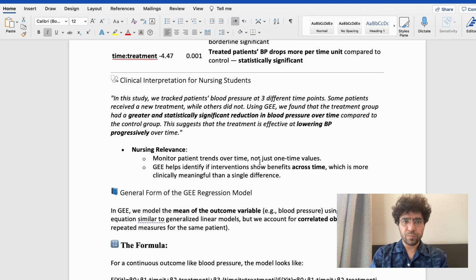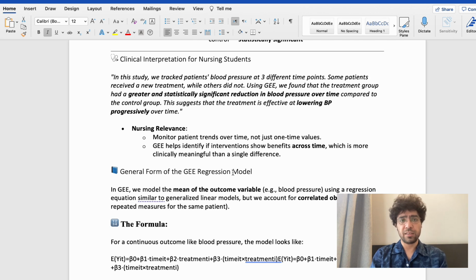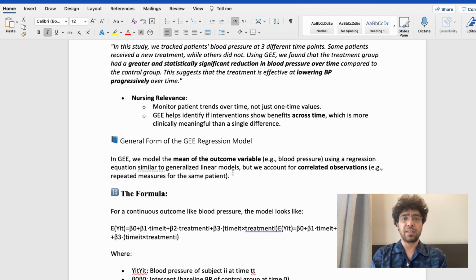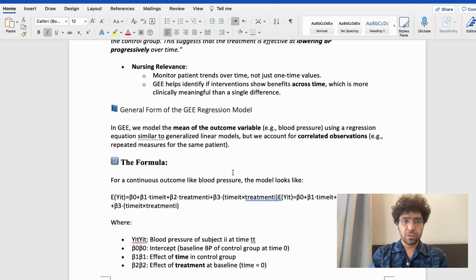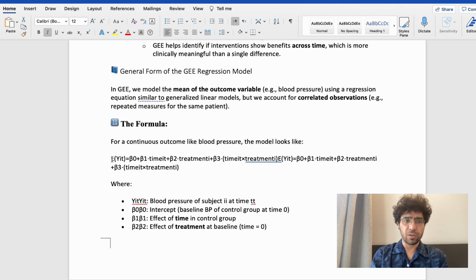So monitor patient trends over time, not just one time value. GEE helps to identify whether interventions show benefits across time, which is more clinically meaningful than a single difference. The formula that we were talking about: this is our outcome, and all these are the factors that are going to predict.